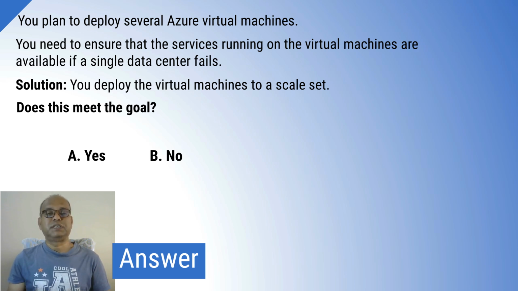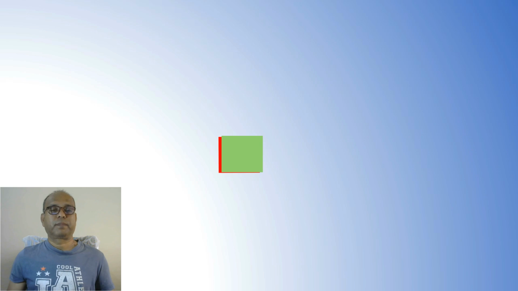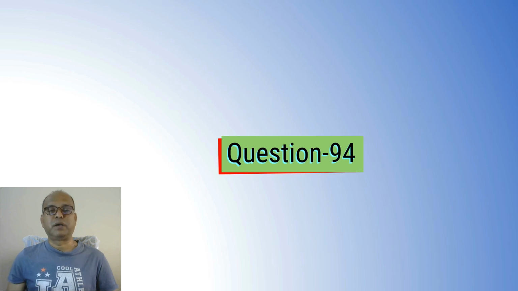Virtual machines in the scale set can be deployed across multiple update domains and fault domains to maximize availability and resilience to outages due to data center outages and planned or unplanned maintenance events. So the correct option is B. Next question, question number 94.